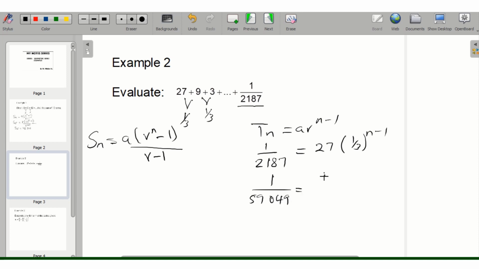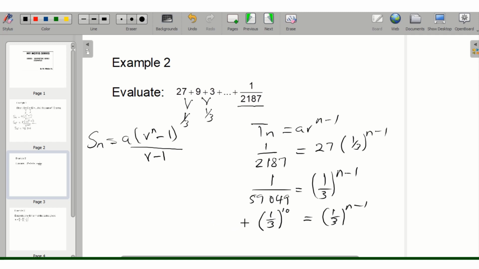This will be equal to a third all raised to the power of n minus 1. Now, because you have a base of 1 over 3, it's a clue. So this must be base 1 over 3. But your only question is base 1 over 3 raised to what? And it's raised to power 10.